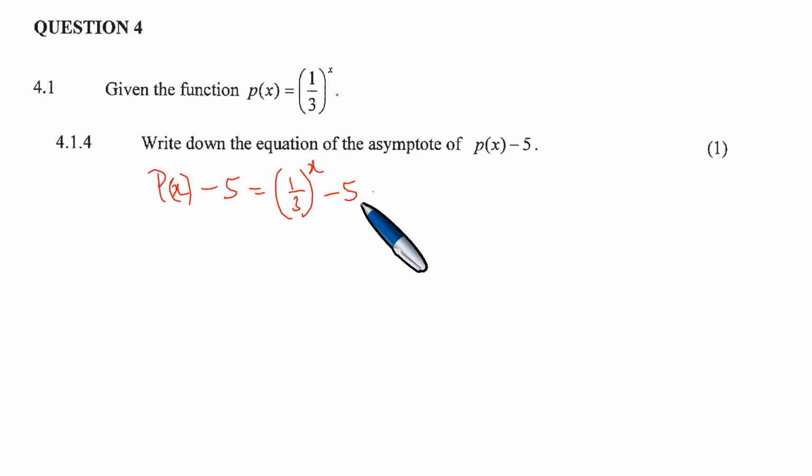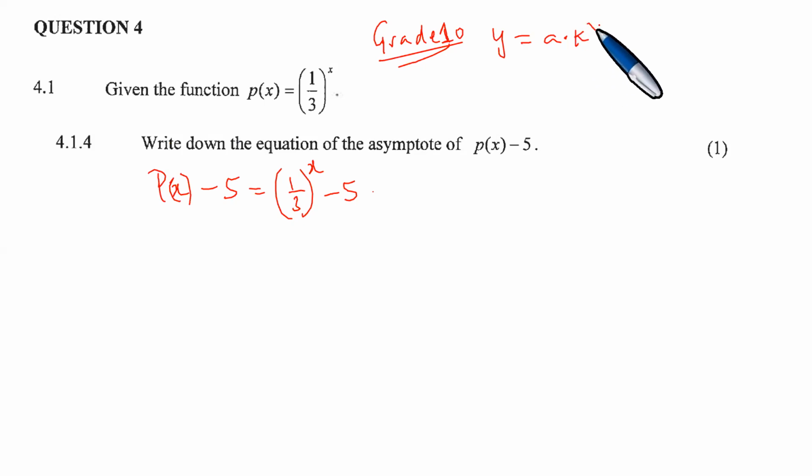The exponential function always has an asymptote. At grade 10, you were taught about y equals a times p to the power x plus q, something like this. Let me use the grade 10 symbols.